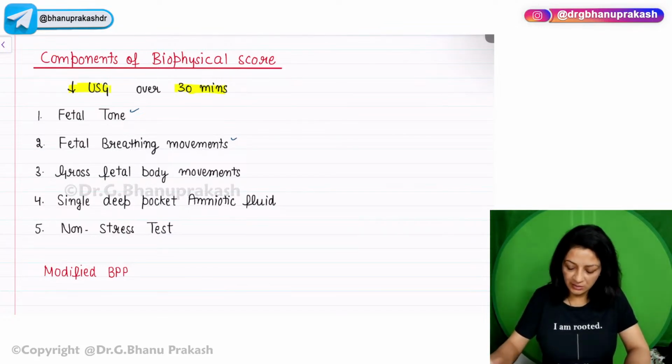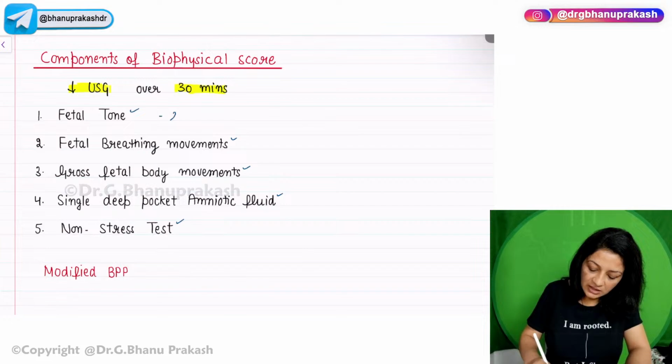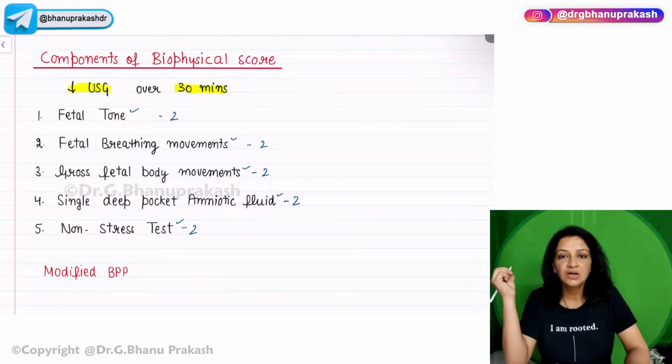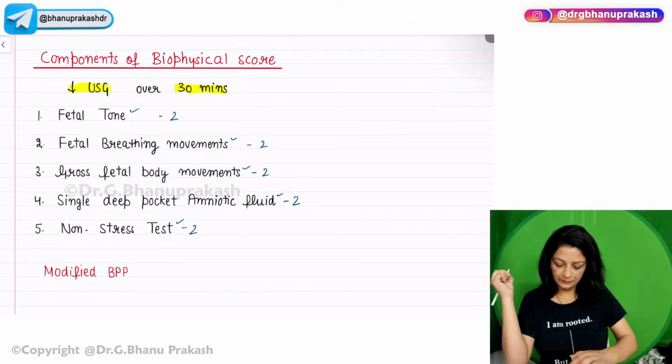Gross fetal body movements. Single deep pocket amniotic fluid and non-stress test. So these are the components of biophysical score. Score कितना आना चाहिए? About 2, 2, 2 and 2.